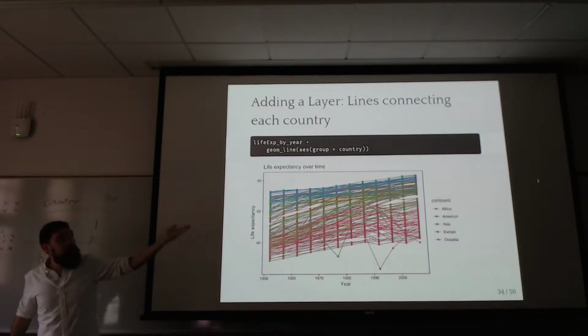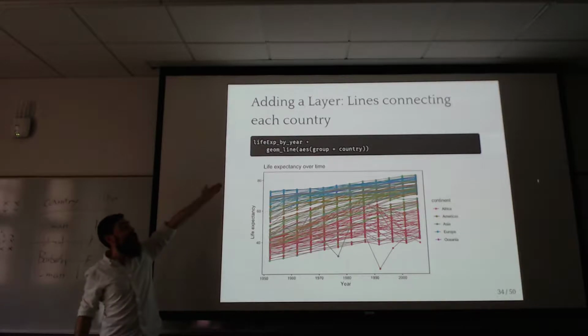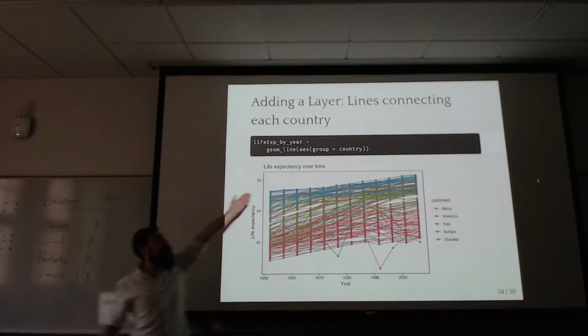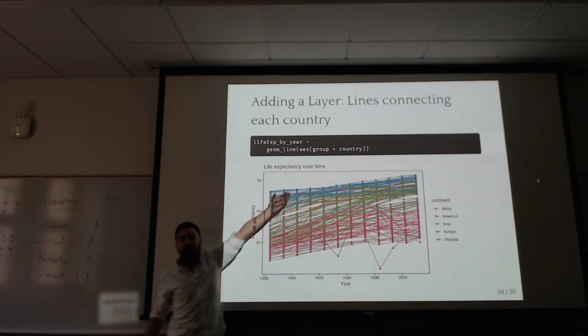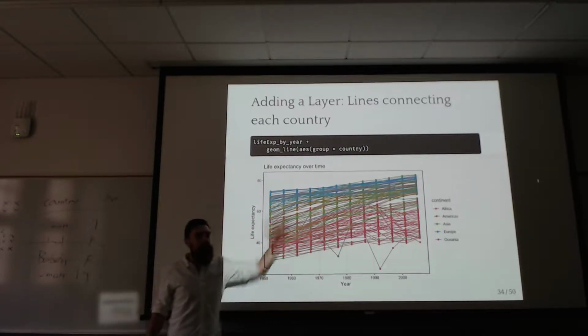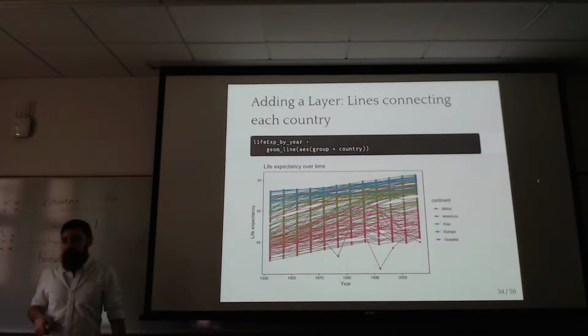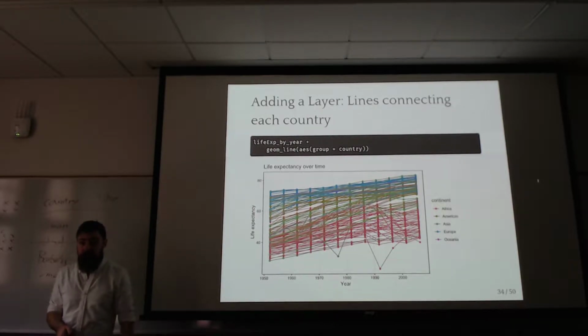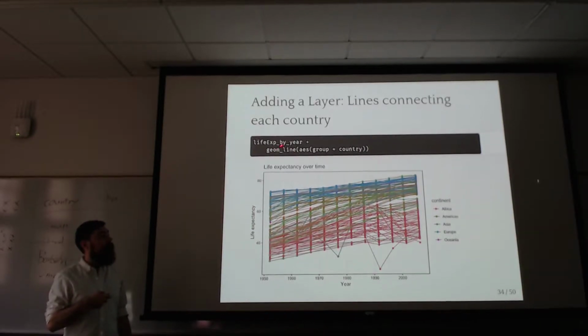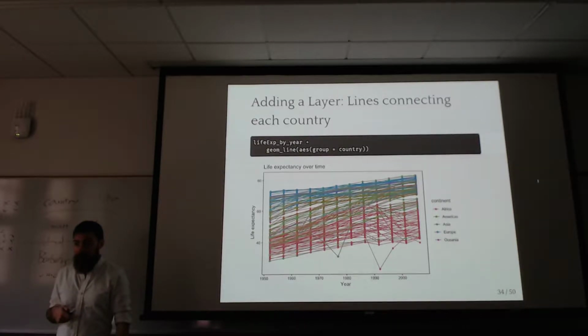Or I could take life expectancy by year and add a geom_line layer to it where I group by country. Now each country has its own line running through all of those dots. I didn't have to redo the entire ggplot because I could just save the individual object.